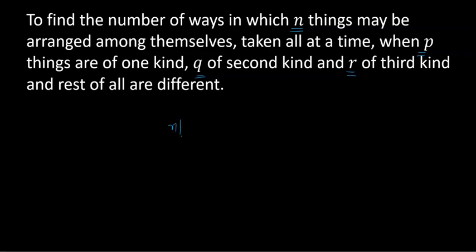In that case, it is definitely going to be n factorial divided by p factorial, q factorial, and r factorial. And I'm going to explain it through some practical example, how exactly the entire thing works, how we can go ahead with these kinds of problems where there are some similar things. So we'll be going through a practical example and understanding it.